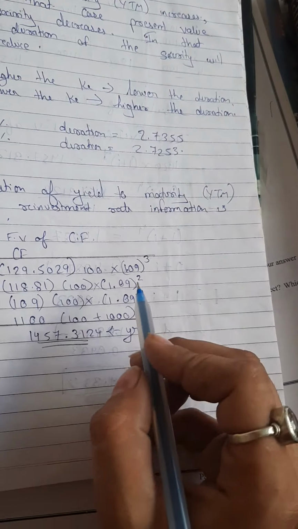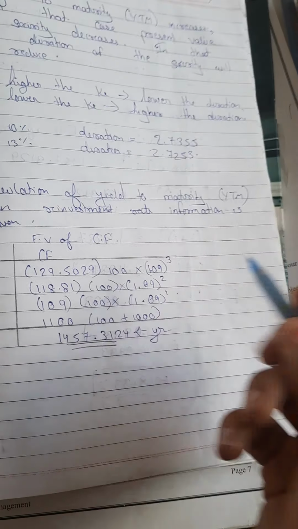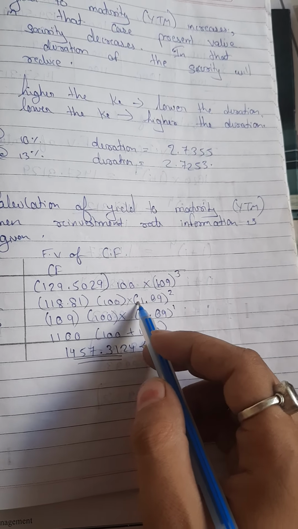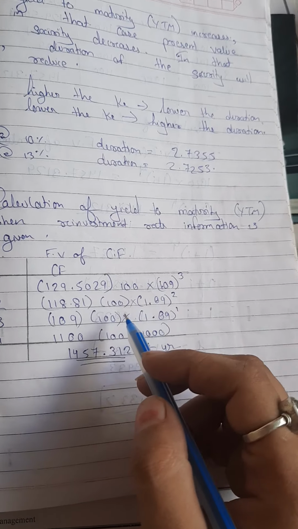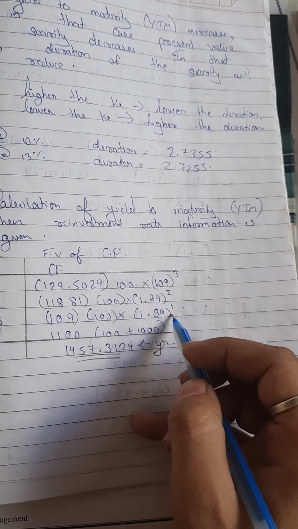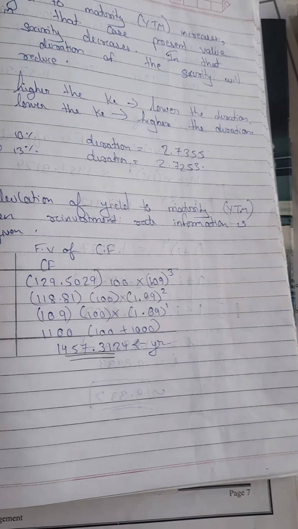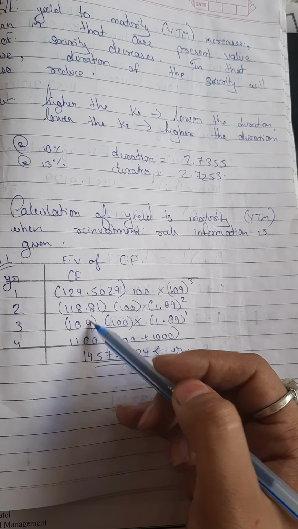What we have to do is multiply 100 by 1.09 cube, then 100 into 1.09 raised to 2, then 100 into 1.09 raised to 1, then 100 plus 1000. We will get the following cash flows.